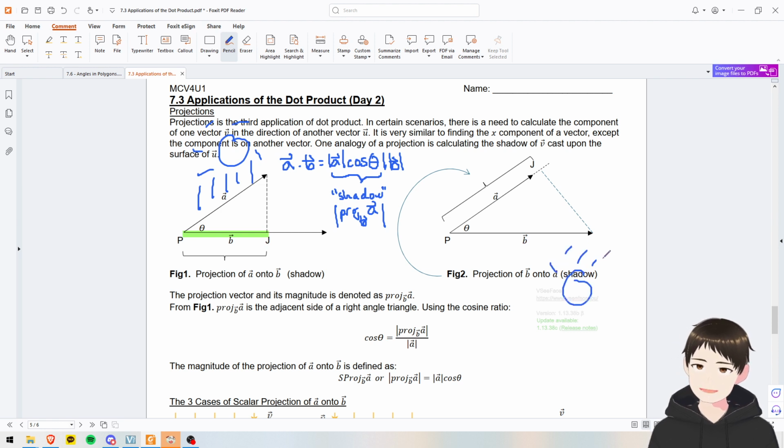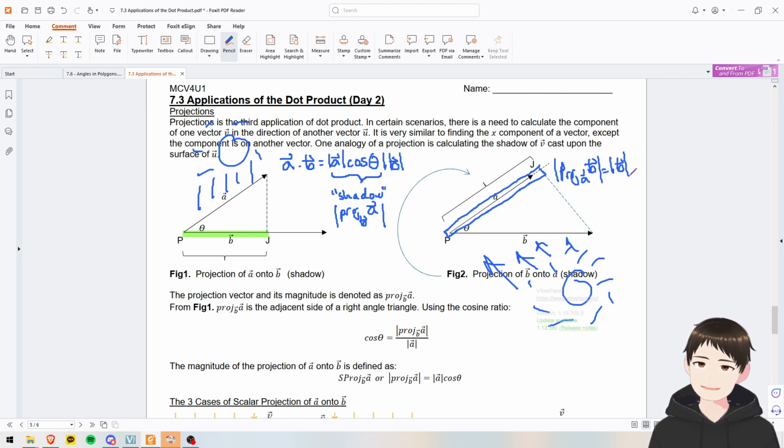If the sun happened to be here and it's blazing downwards, the shadow will be right here. So the magnitude of the projection of B onto A would be the magnitude of B cosine theta.